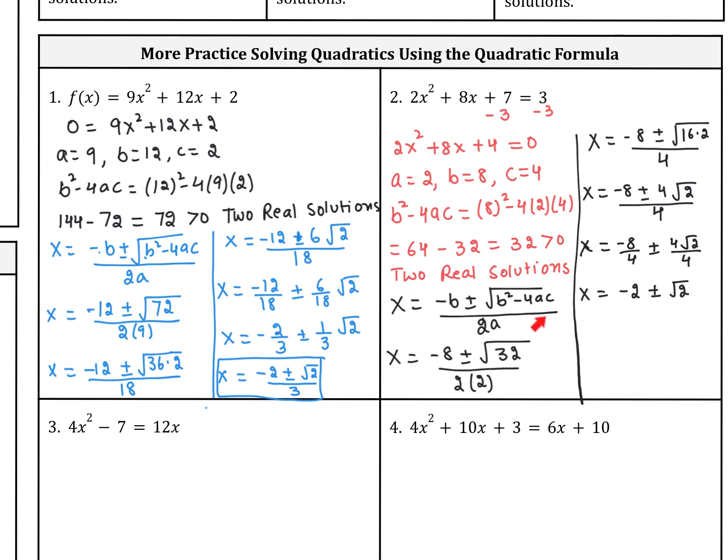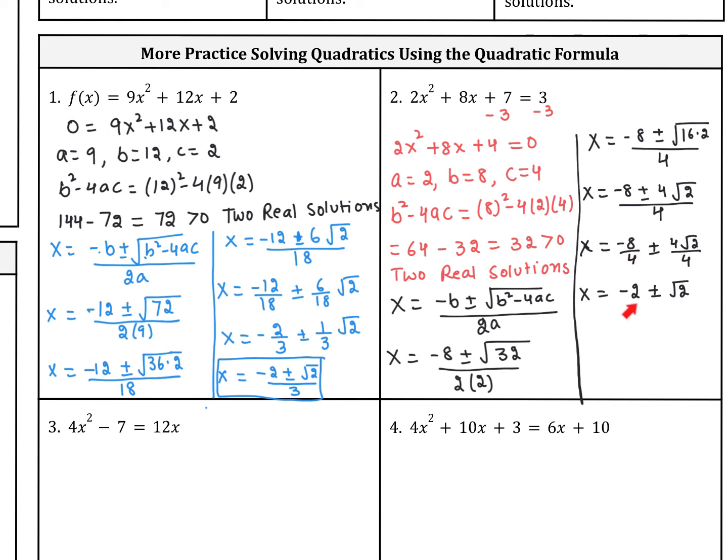Write the quadratic formula. B squared minus 4ac you already found, that's 32. So you're going to have negative 8 plus or minus square root 32 over 4. Break the 32 as 16 times 2. Square root of 16 is 4, that's outside. Now divide the 8 by 4 and this term by 4 and reduce them.